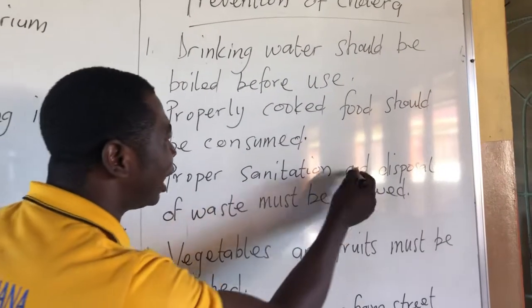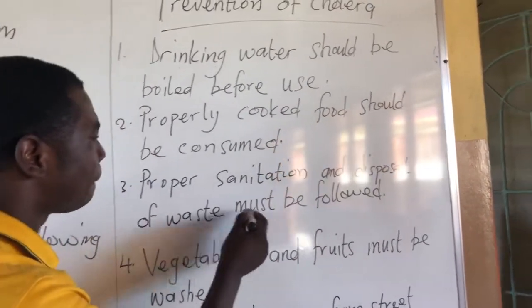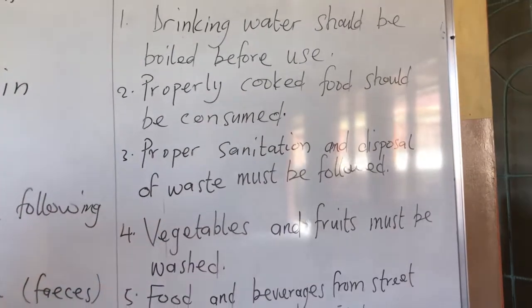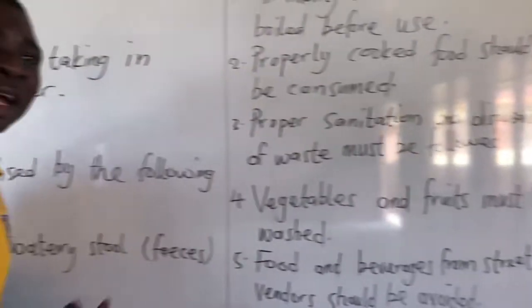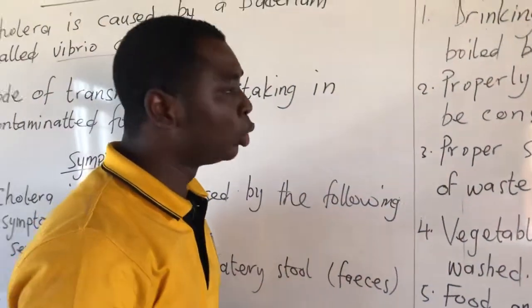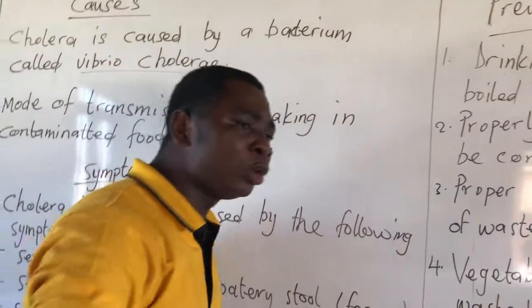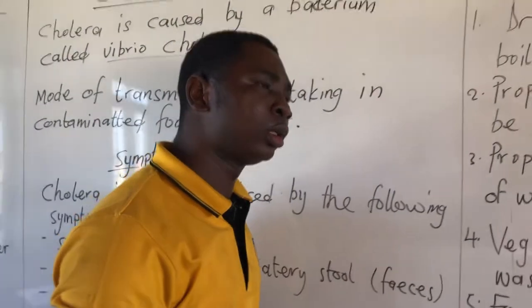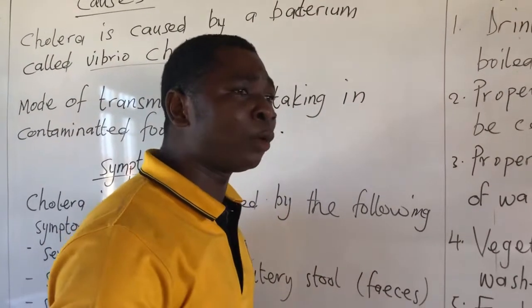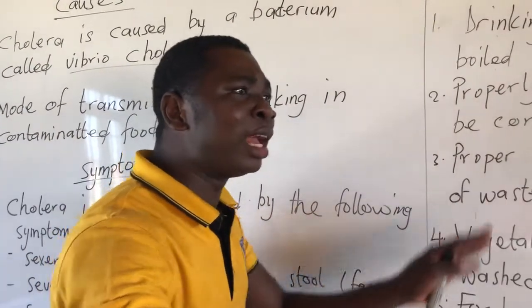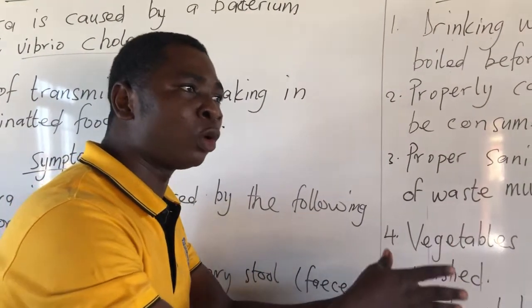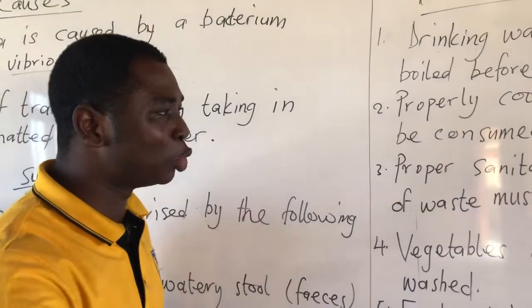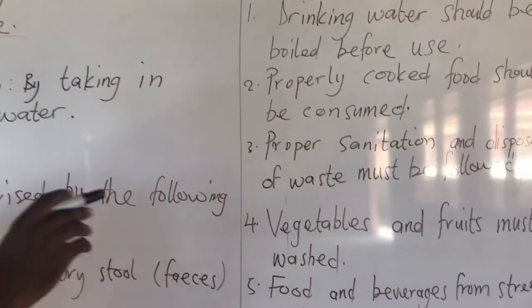Proper sanitation and disposal of waste must be followed. We said this earlier before when we were learning personal hygiene and sanitation. So you make sure that when you sweep your compound, you have your waste around. Don't just dispose it anyhow, but rather you send it to the proper place or the good place to dispose your rubbish or your waste.